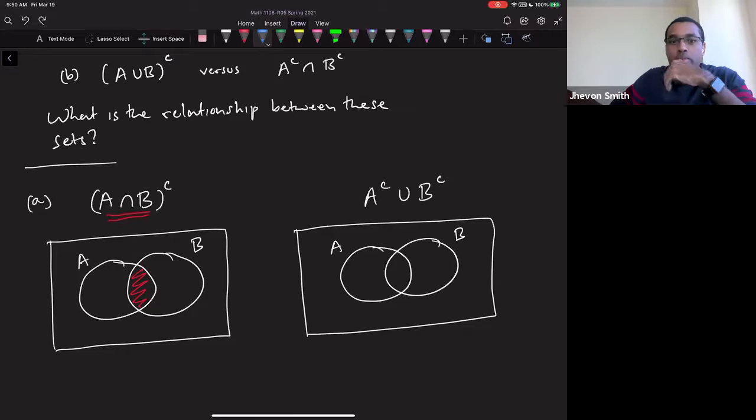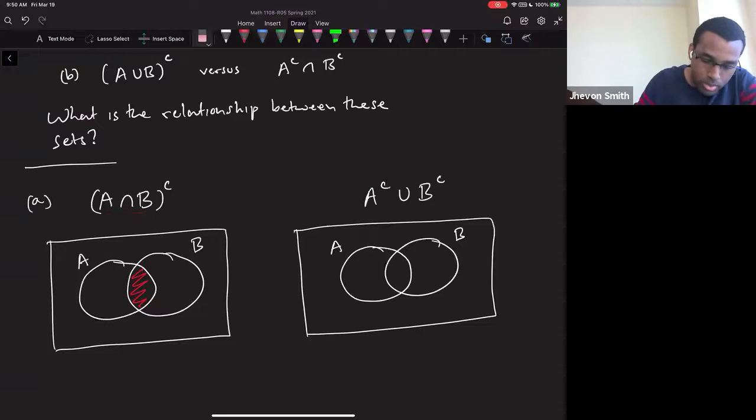So if the red region is the intersection, and I want the complement of that, what I'm saying is I want everything in the box that is not that, which means it's going to include the part in A that's not in the red part, the part in B that's not in the red part, and everything in the box that's outside of either circle. It's literally everything except that, right? Okay, got it. So that would look like this.